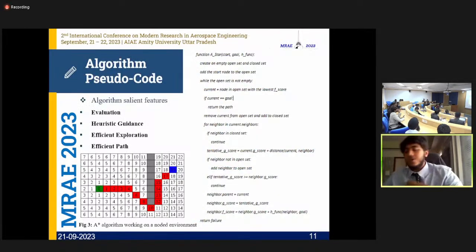Now, coming to the algorithm we propose, it is a variation of the A star algorithm, for which the pseudocode is on the right of the screen, but we have made some changes in order to incorporate some features like intelligent evaluation, heuristic guidance, efficient exploration, and obstacle avoidance to get an accurate path.